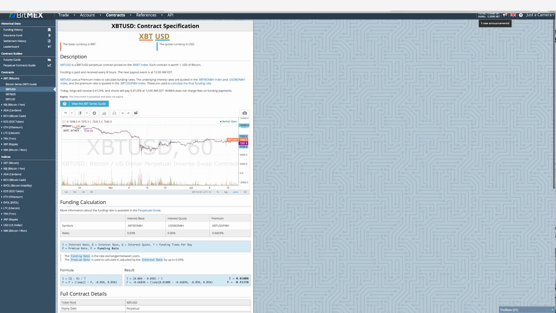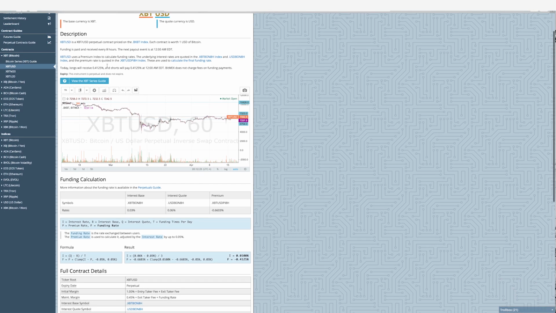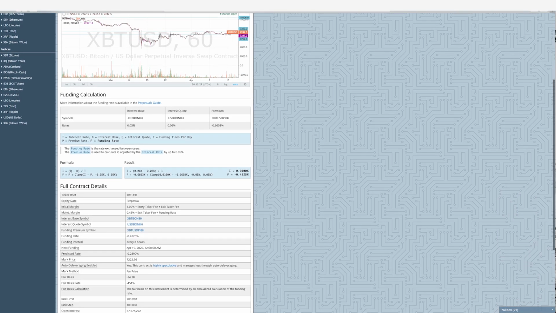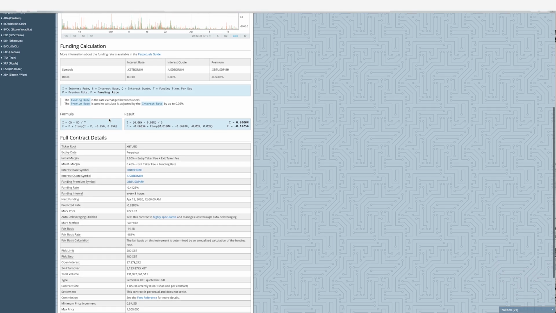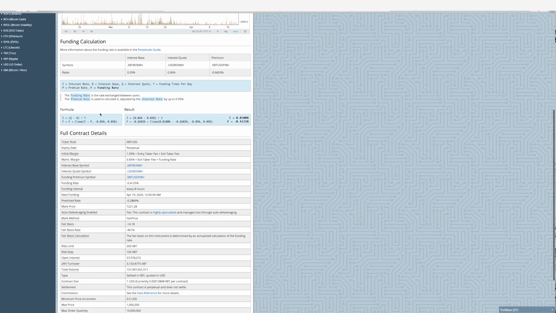And we can see here we have a very nice description. We can see how it's referencing the index price, and we can see the funding calculation itself. And it's important for you to understand how the funding rate is calculated and what it means going forward as we're trying to gauge future price direction and understand some of the sentiment data.